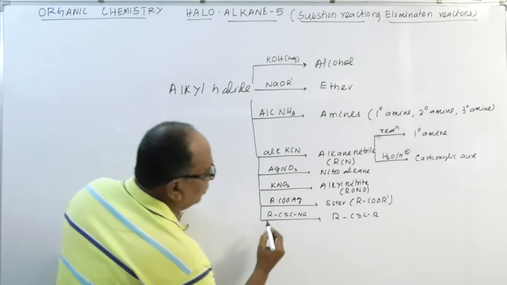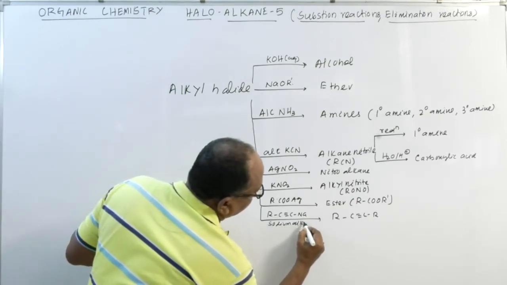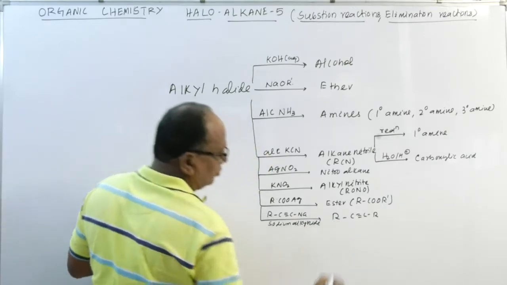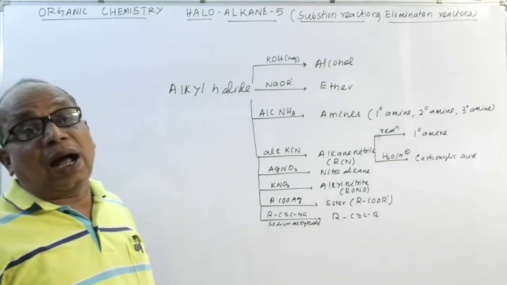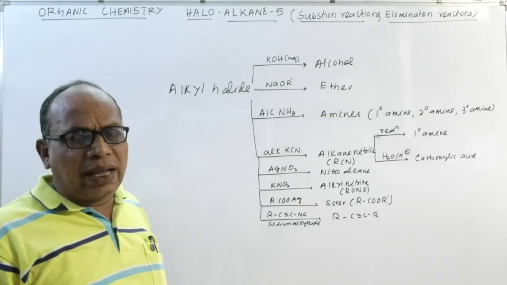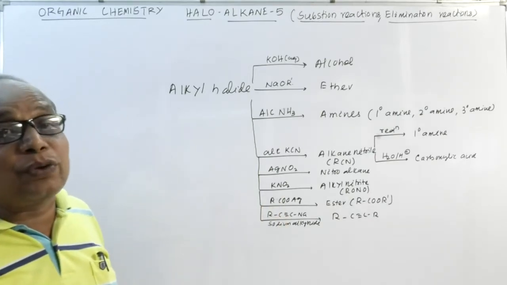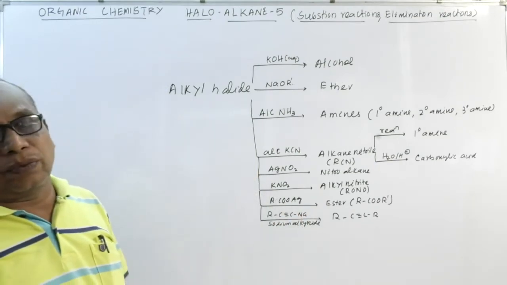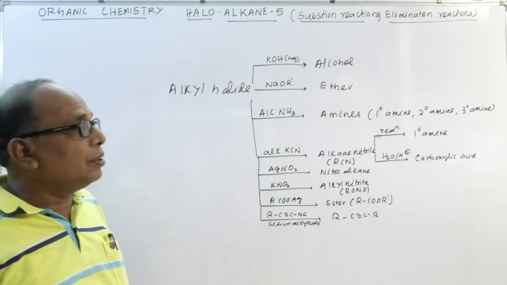This is called sodium alkynide. The sodium alkynide can be prepared from alkyne 1. I think you will discuss all these things in the alkyne chapter, and that is called substitution reaction. This one gets substituted by an alkyl group from sodium.